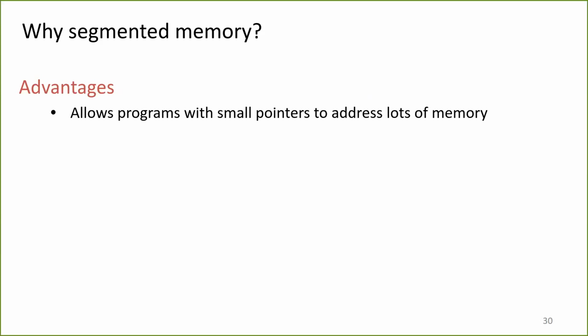If instead our pointers, say that we still have 32-bit addresses somehow, are simply addressing into a single segment, that means that that one segment could have 2 to the 32 different addresses in it. Well, if we can have multiple segments, then we can access potentially more than 2 to the 32 different things in our memory. We have to use 2 addresses at a time instead of 1, but that lets us address way more memory than just the normal single pointer-based approach could.